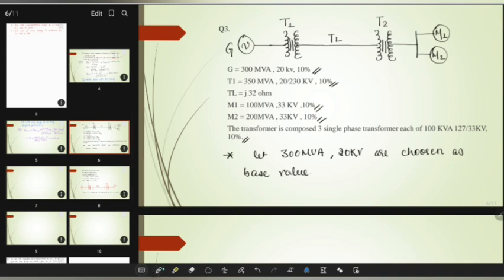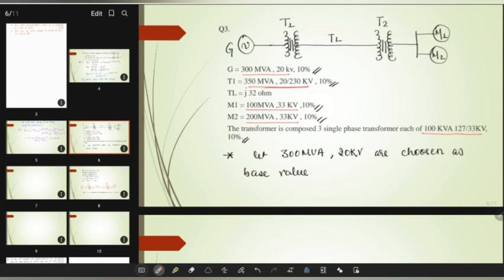Now here, for every component they have given MVA and kV value, but in this single line diagram there is a transformer and the rated voltage on either side of the transformer changes.